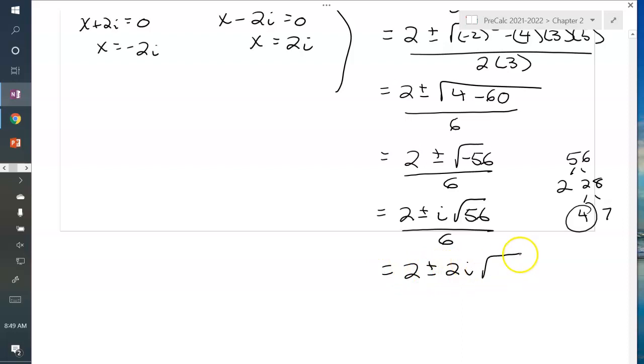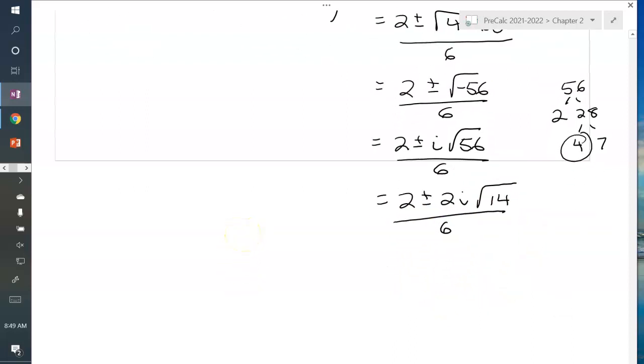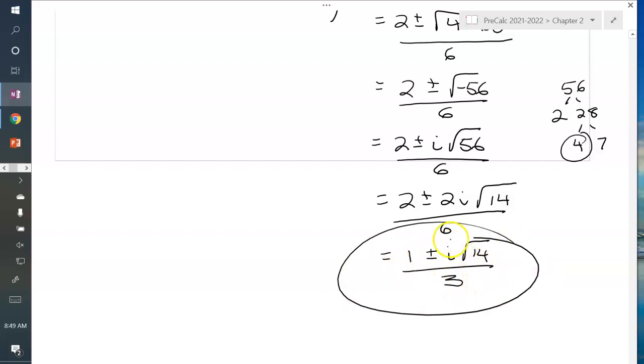Left under the radical is the 2 times 7, or 14. Divide by 6. And now look again, I have all even numbers, so I can pull out a 2 everywhere. So I get 1 plus or minus i root 14 over 3, and I'm perfectly fine if you leave your answer like that.